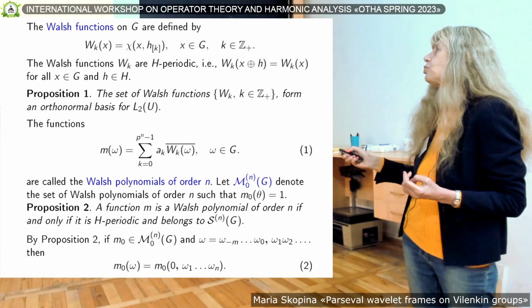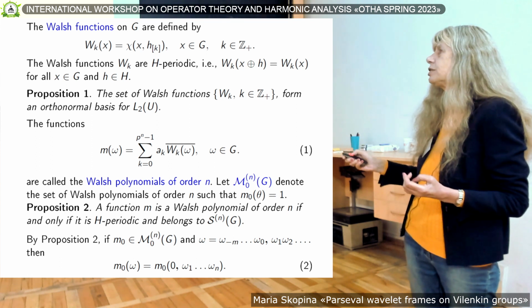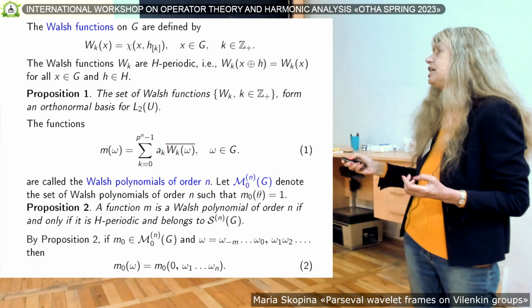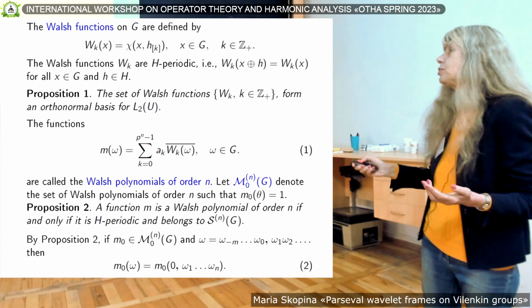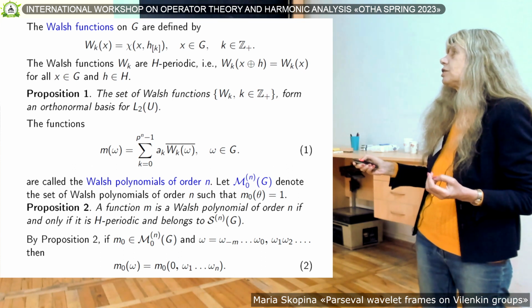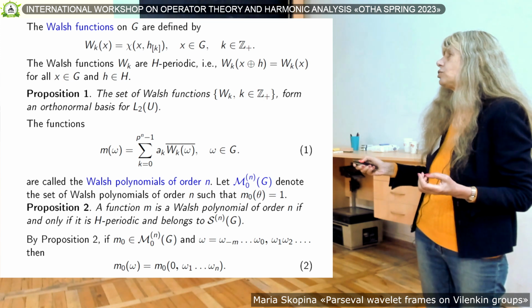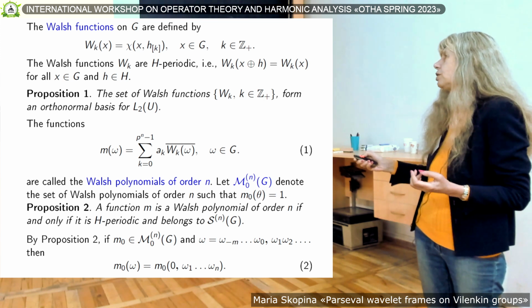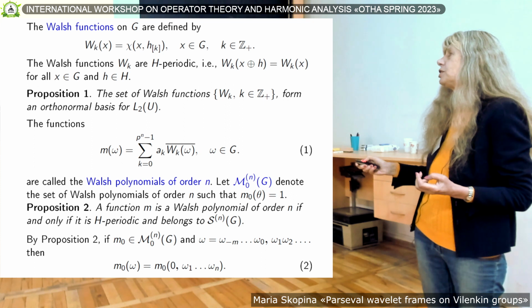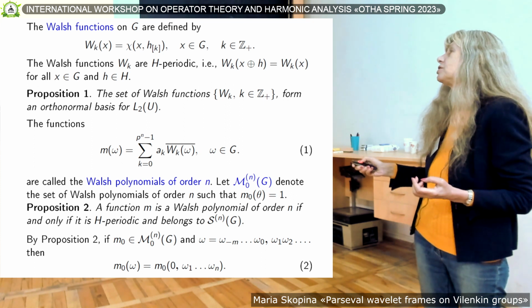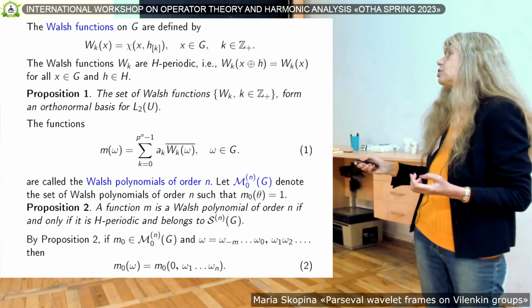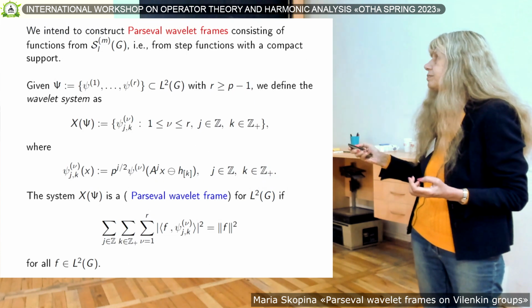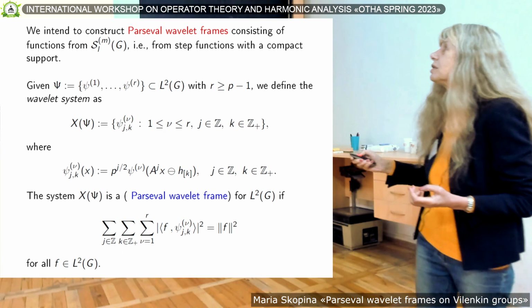A function is a Walsh polynomial of order n if and only if it is H-periodic and belongs to S_n of G. From here it is clear that a Walsh polynomial of the element omega can be written like this: 0, comma, and then only one components.